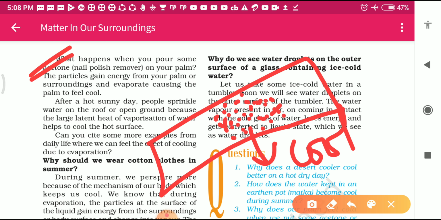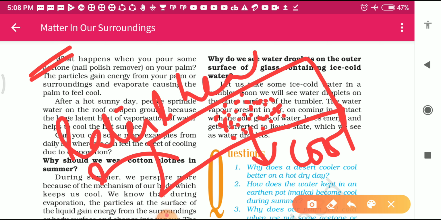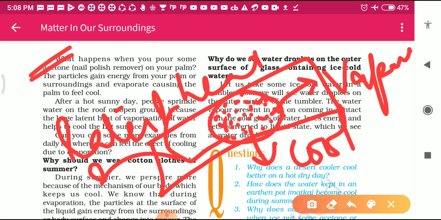Why, students? Because the latent heat which is present inside your palm helps this liquid convert into vapors, which makes your hand cold.